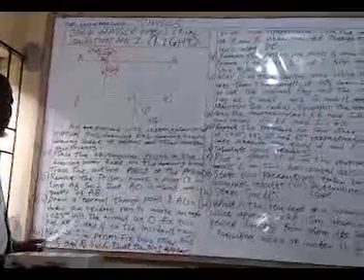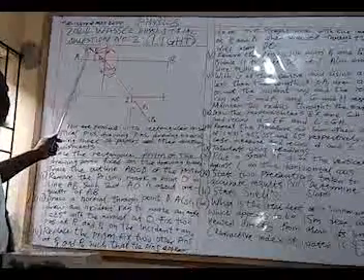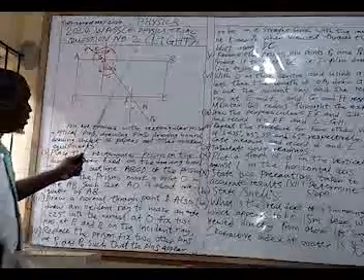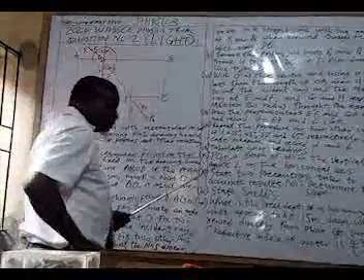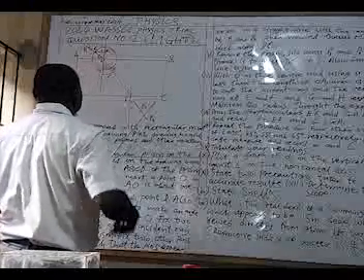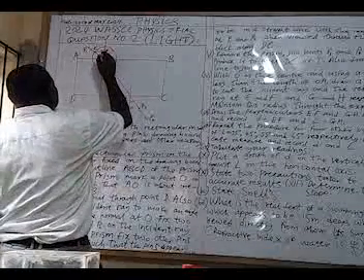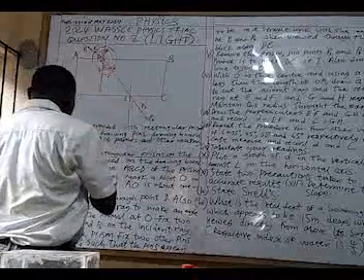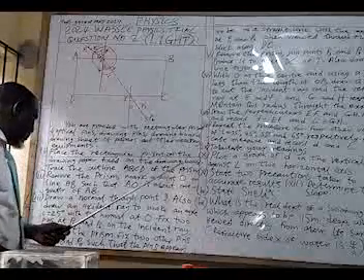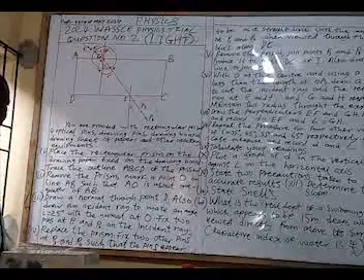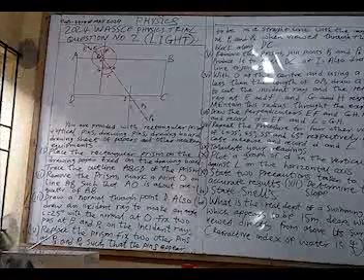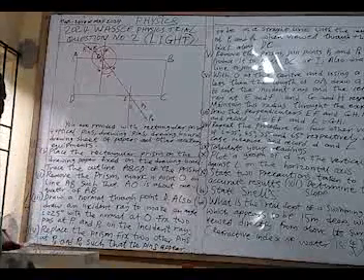Draw a normal through point O. Also draw an incident ray to make an angle I of 25 degrees with the normal at O.